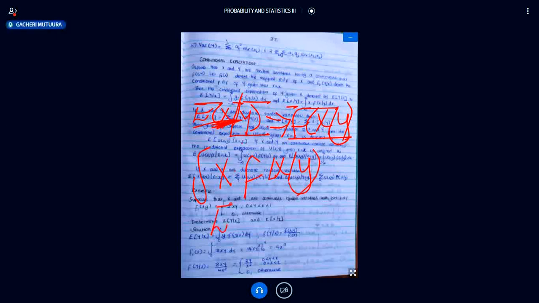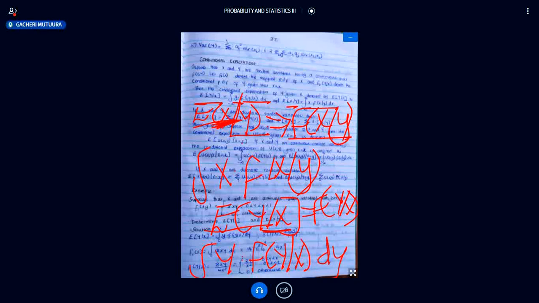If you are asked to get the expected value of y given x, to take care of the given part, first find the function of y given x. Then you're only left with the expected value of y. That is why you take the integral of y times f of y given x, dy.